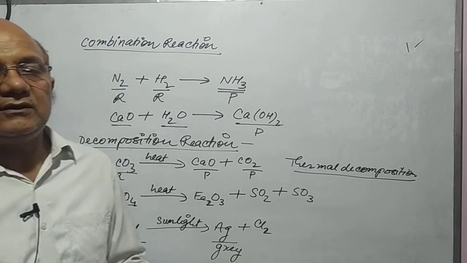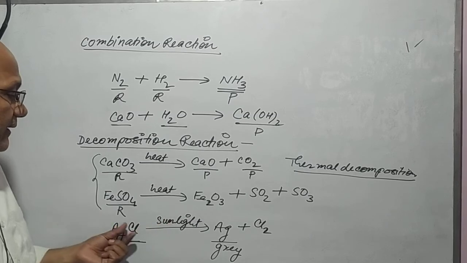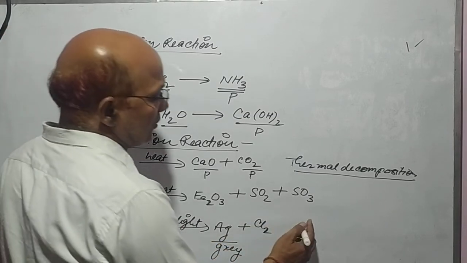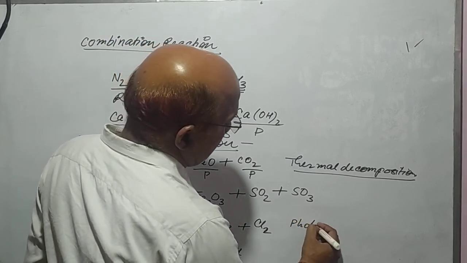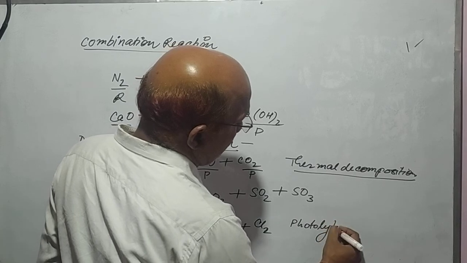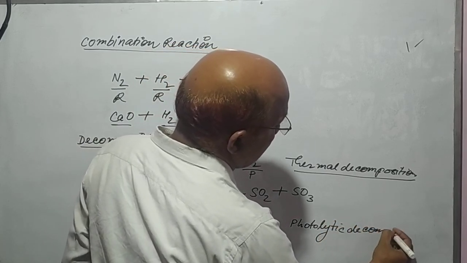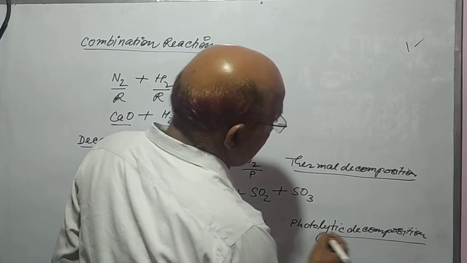So, the white color salt changes to gray because this reaction takes place in the presence of sunlight. So, this reaction is called photolytic decomposition.